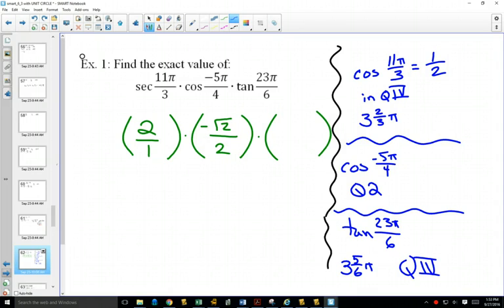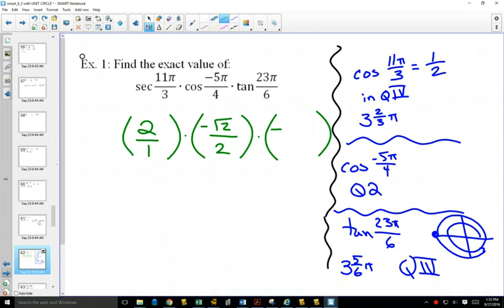Because 1 pi, 2 pi, 3 pi would end here, and then you need to go over 5/6 of the way. So it would end in quadrant 4. Is tan positive or negative in quadrant 4? Negative.